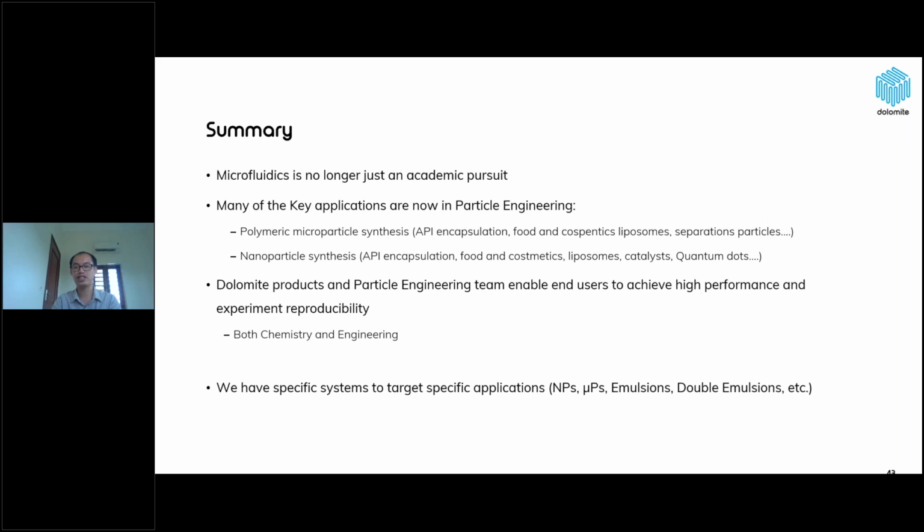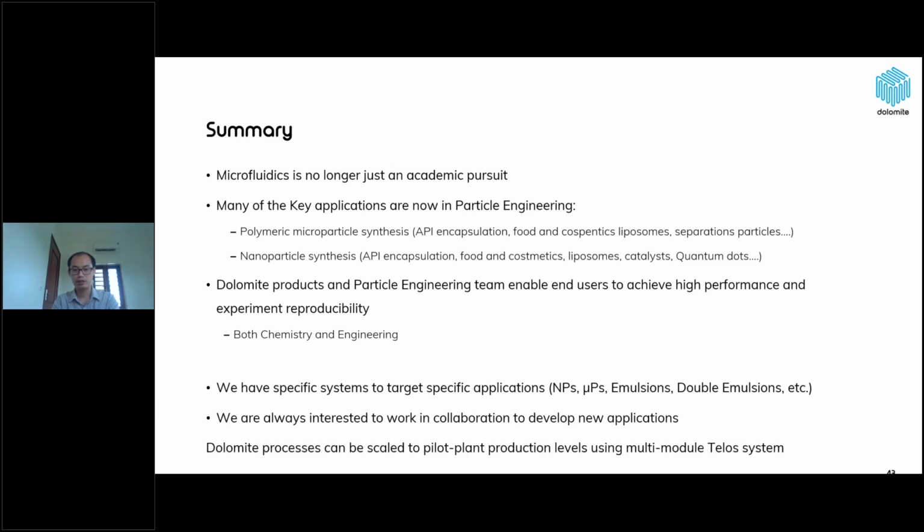And we have specific systems that are very flexible to target specific applications, for example nanoparticle systems, microparticle systems, emulsion systems, double emulsion systems, and many more. We are also always interested in working in collaboration with customers to develop new applications. The Dolomite process can also be scaled to pilot plant production level using a multiple module Taylor system.